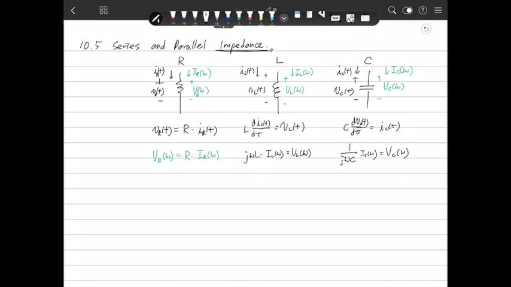So the impedance of R is R, the impedance of L is j omega L, and the impedance of C is 1 over j omega C. That is the impedance.